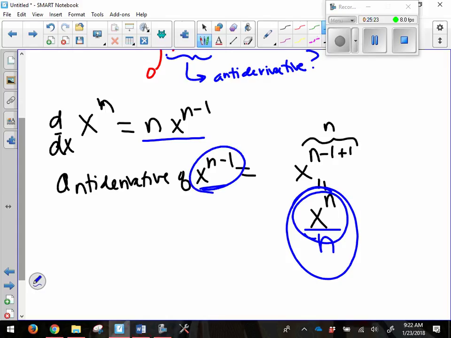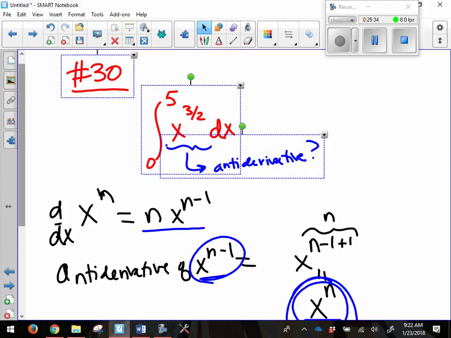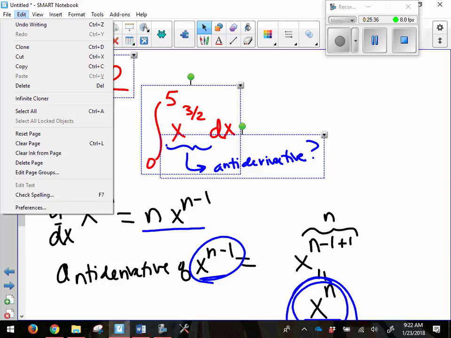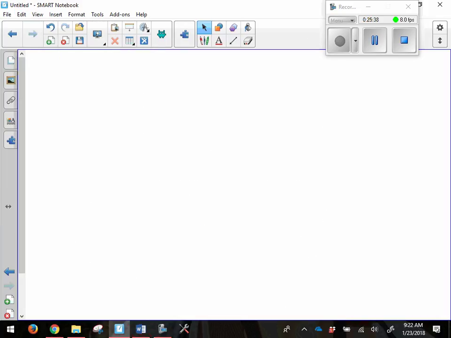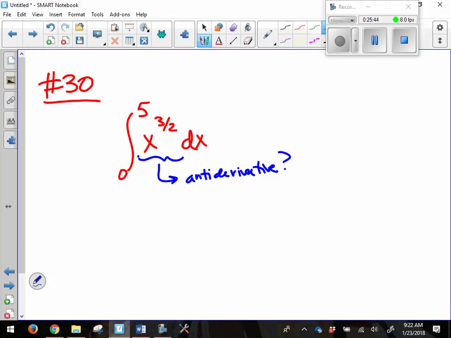Okay, so now that we all remember how to take an antiderivative, what's the antiderivative of x to the 3/2 going to be? What am I going to do?